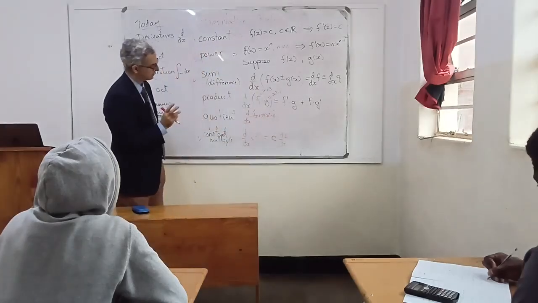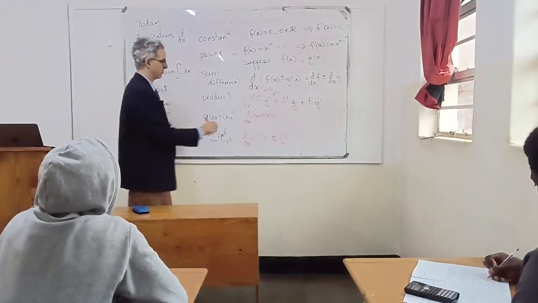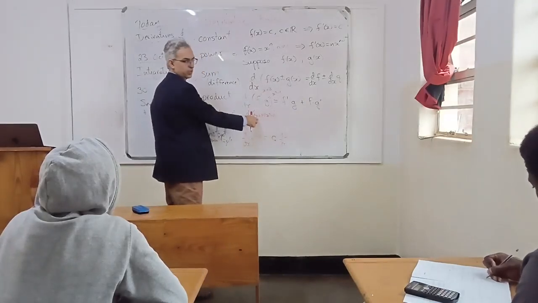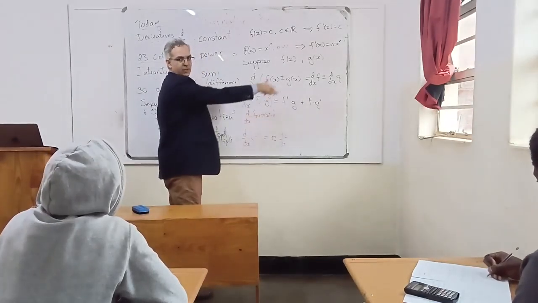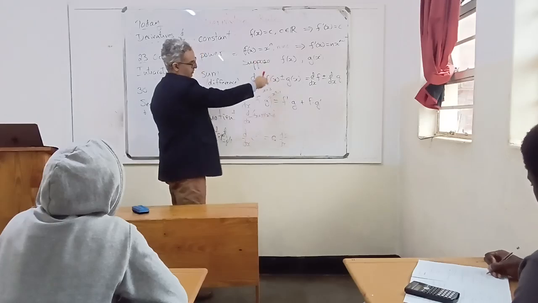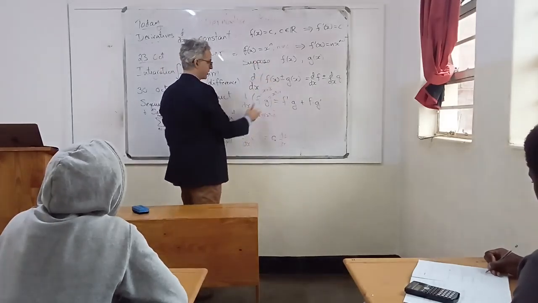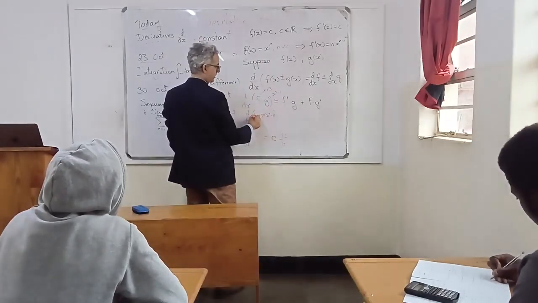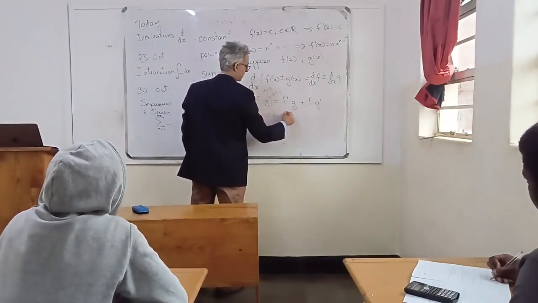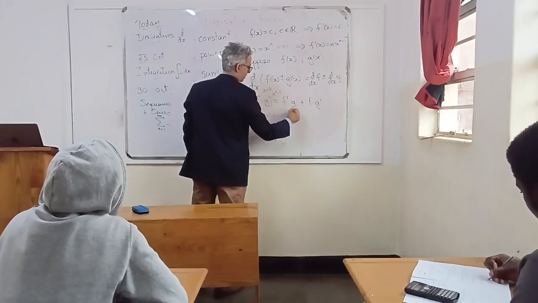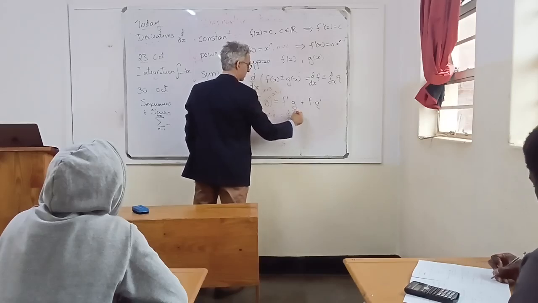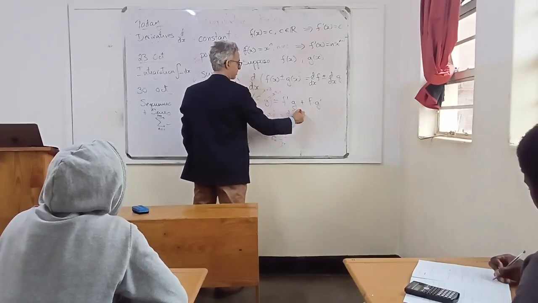Now, this one we could do in two ways. We could expand this product, and then we would have a polynomial, and we know how to do a polynomial. So let's try that first. This is x times x squared, which is x cubed.